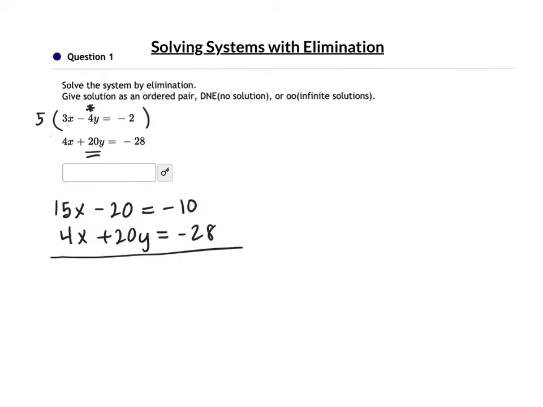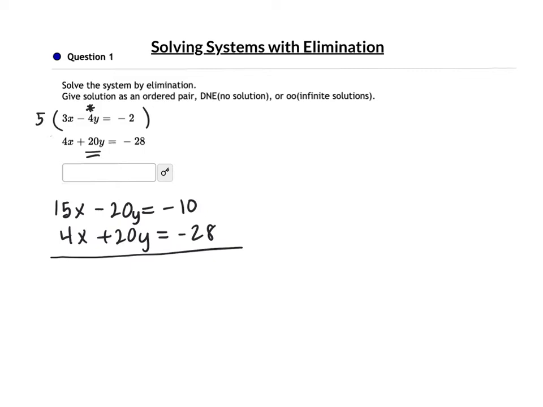Now I call this elimination because what we're going to do is eliminate a pair of the variables by adding. When you make opposites, you'll always add. Now you could actually subtract every number and make them disappear that way too, but then you'd want to make them the same sign. I prefer to make them opposites because you're less likely to make a sign error when you add.